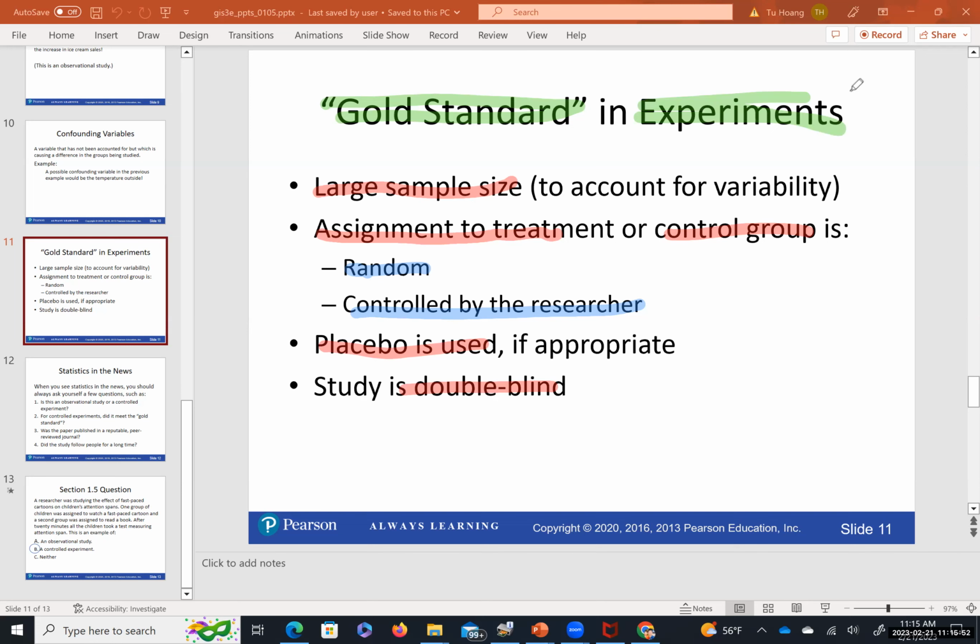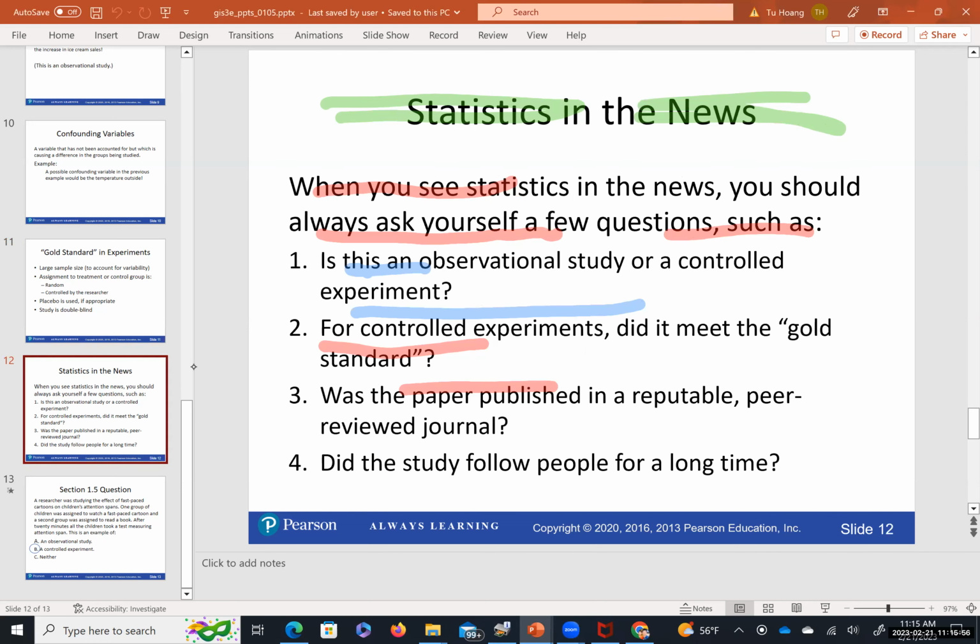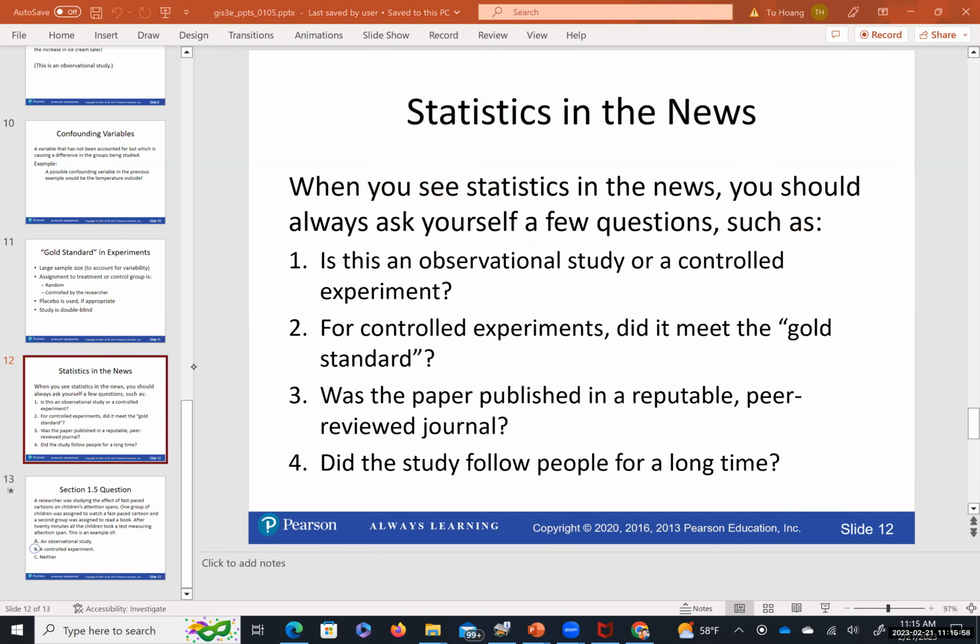So let's have some statistic in the news. When you see statistic in the news, you should always ask yourself a few questions such as, is this an observation study or a control experiment, right?